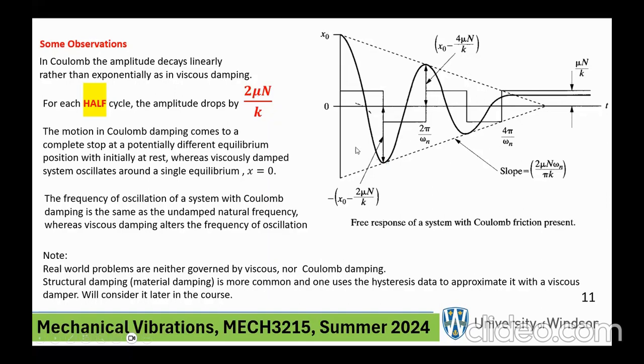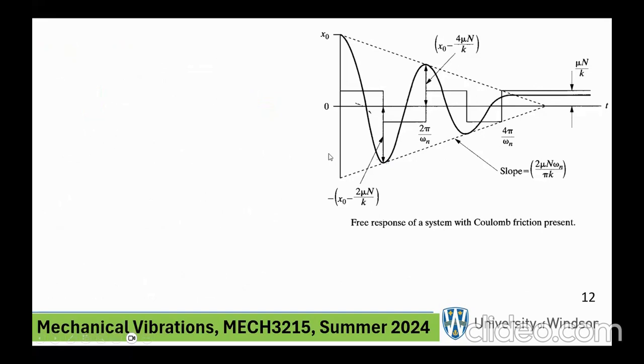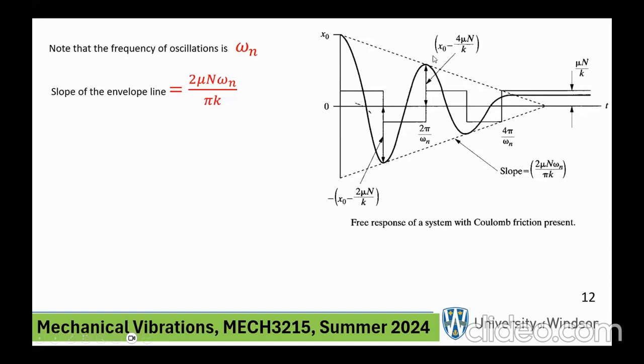All right, a few more things. Let me remind you once again that the frequency of oscillation is omega n, not omega d. And the slope of this line is very easy to work out. It's just that expression. All you have to do is take, for example, x naught minus that and divide it by time, and you're going to get some expression.